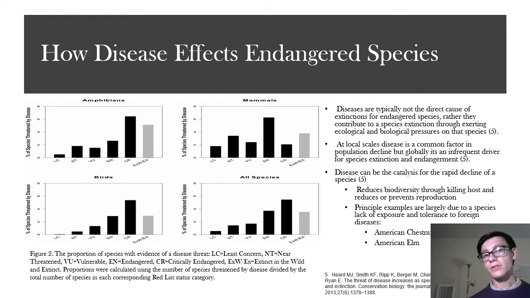These graphs clearly show that certain species are more threatened by disease than others. Obviously, the more critically endangered something is, the more liable it is to be affected by disease, which is pretty clear based on biodiversity. So that's how disease affects endangered species.